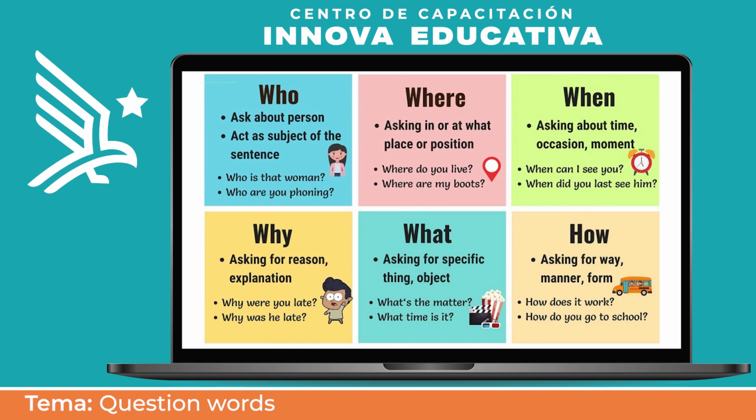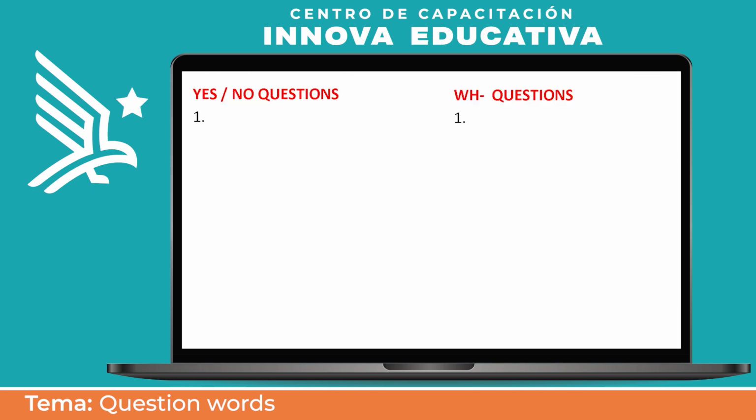And those ones you can use them at every moment, at every conversation, en todo momento, en todo tipo de conversación. So, when you manage them, you are able to make or follow up a conversation. Okay.